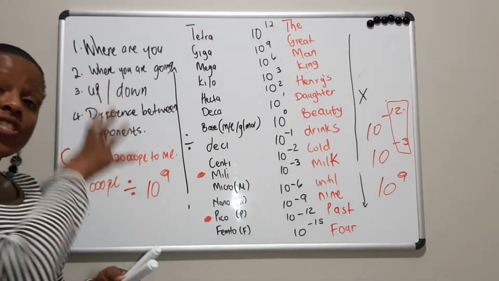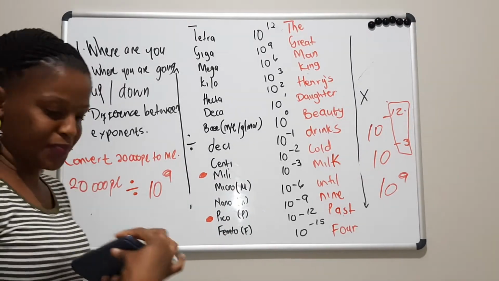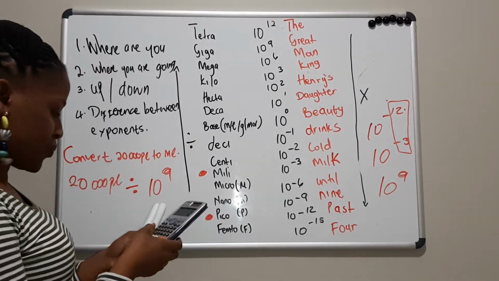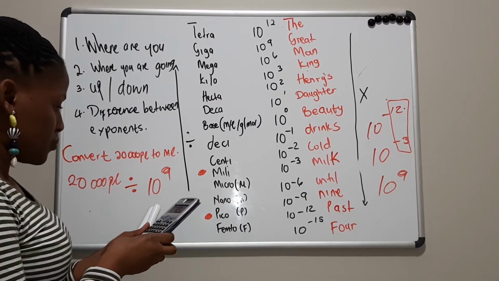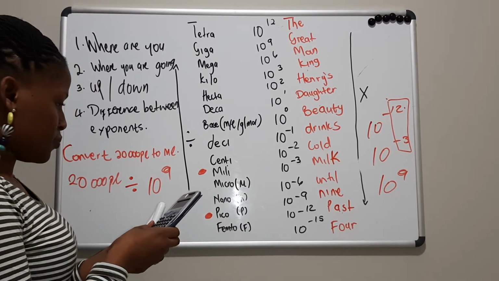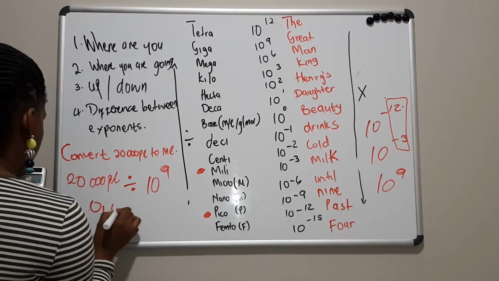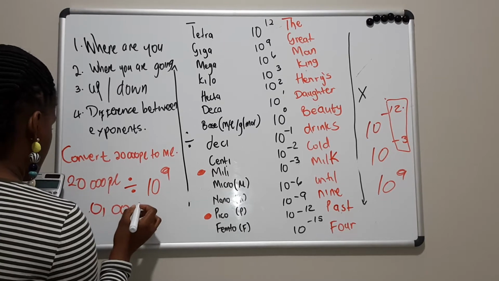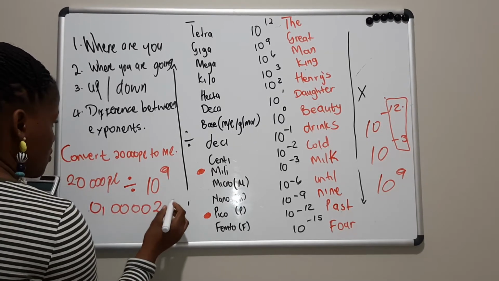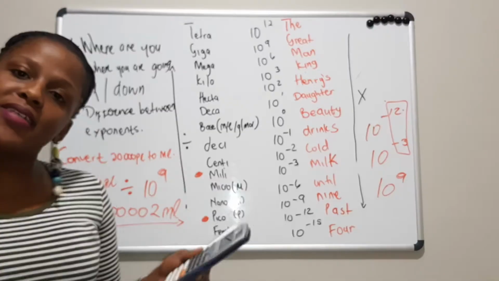Then we just punch it as it is in the calculator, and then we'll be able to get an answer. Let's do that quickly. And then voila, there is our answer.